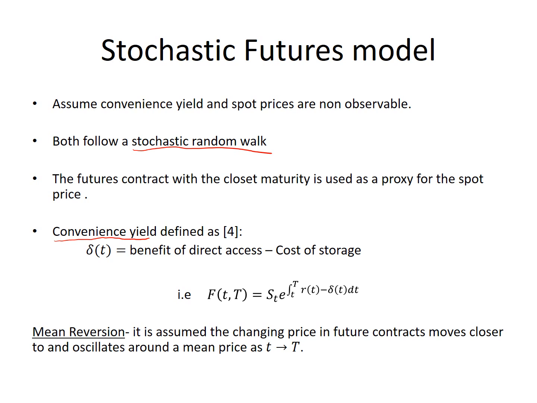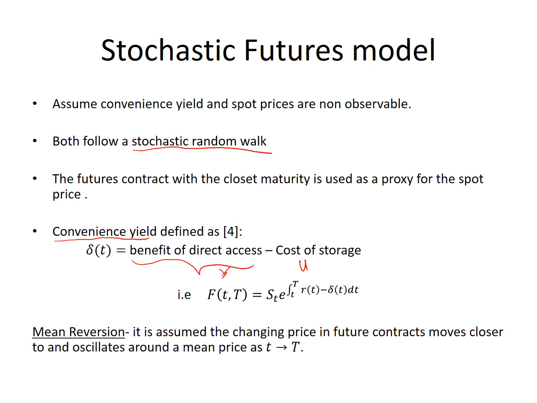In our other slide, our convenience yield was just the benefit of direct access. But instead, we're now encompassing the whole thing, including the cost of storage as well. So this was our Y. Sorry, let's rub that out. So this is our Y. This was our U.